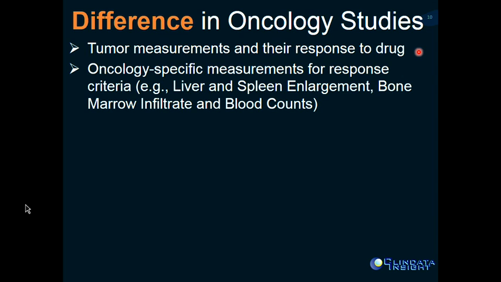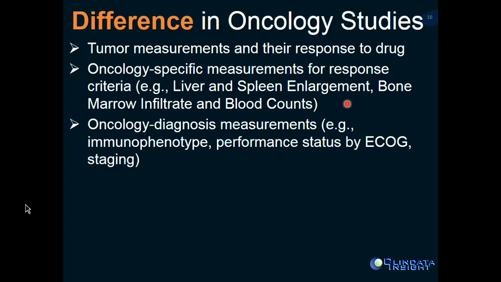In addition, there are oncology-specific measurements for response criteria, such as liver and spleen enlargement, bone marrow infiltrate, and blood count. And also, there will be oncology diagnosis measurements, including immunophenotype, ECOG performance status, and staging information. And a lot of biomarker and other information as well.